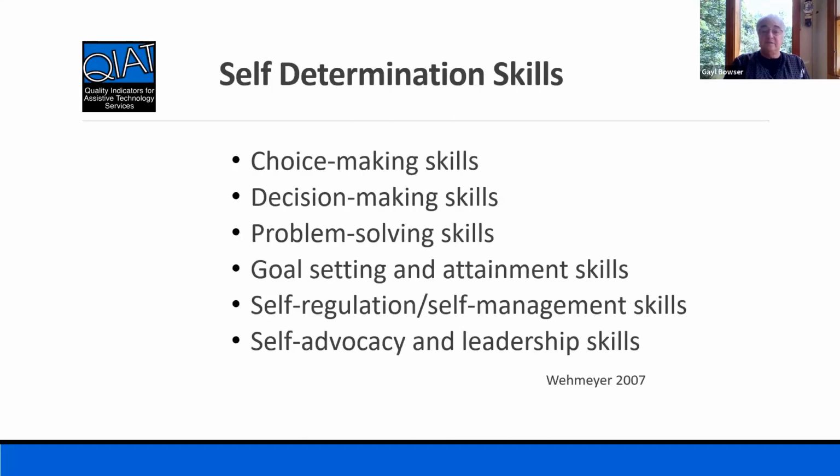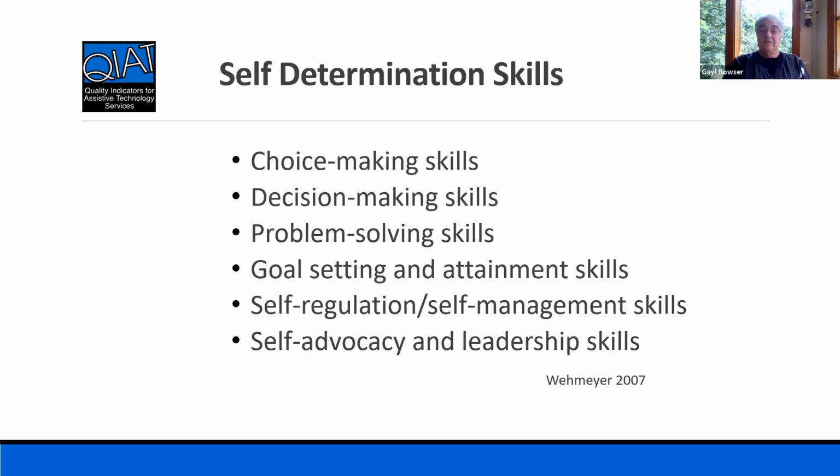I've mentioned self-determination and self-advocacy several times, so I wanted to give you this list of skills from Michael Wehmeyer, who is an expert in transition in general and has done a fair amount of work in assistive technology transition. He lists these 6 skill areas: choice-making, decision-making, problem-solving, goal setting, self-regulation, and self-advocacy as essential self-determination skills.